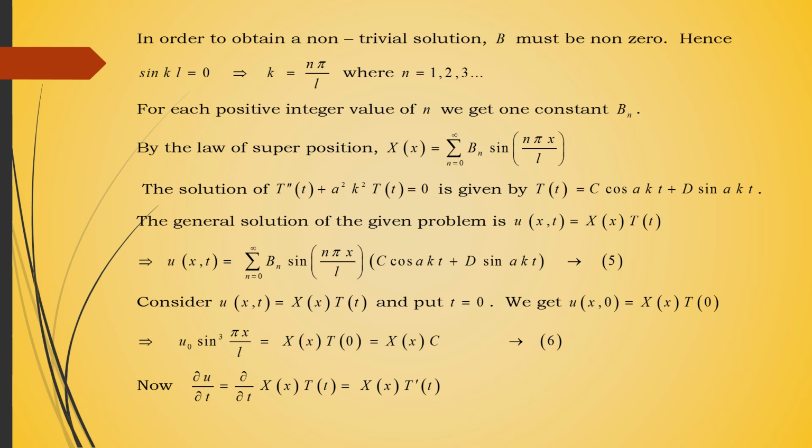Here k = nπ/L. So X(x) = Bn sin(nπx/L). For n = 1, we get one solution X(x) = B1 sin(πx/L). For n = 2, we get one more solution X(x) = B2 sin(2πx/L). And so on. We have to add all those solutions.